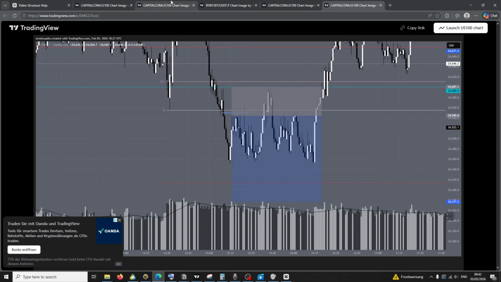So I was backtesting this setup from 2023 till 2025, and from 2023 till 2024 the setup was extremely profitable, but as of 2025 the setup lost its edge completely.